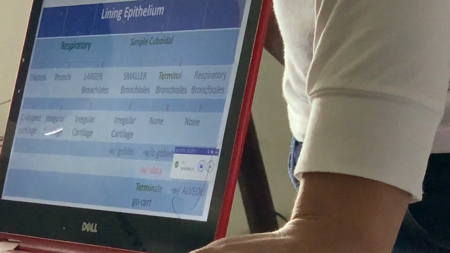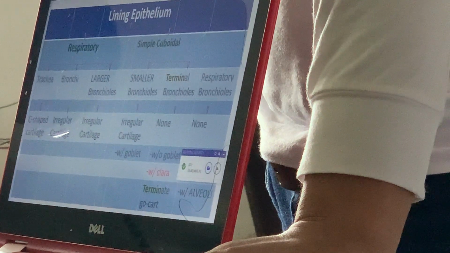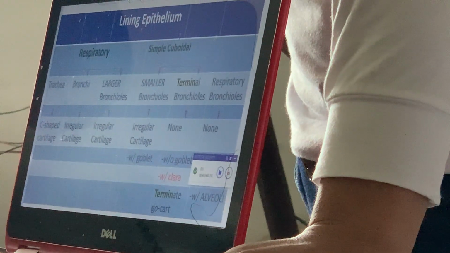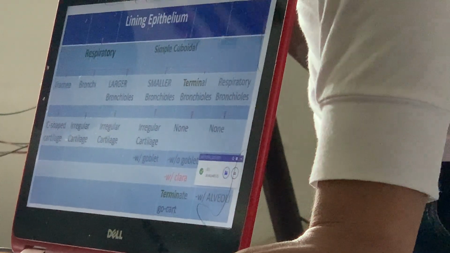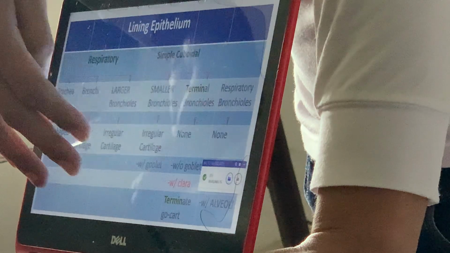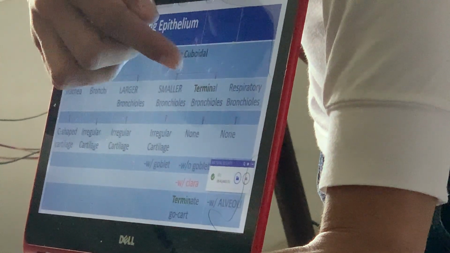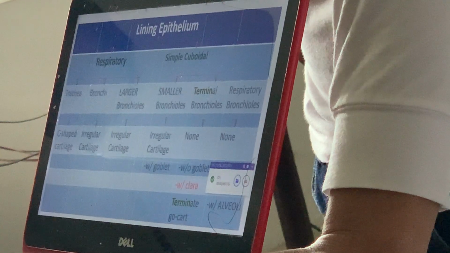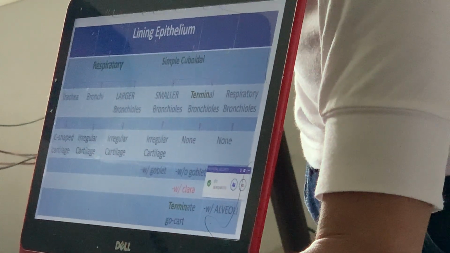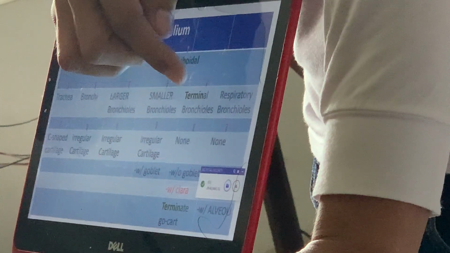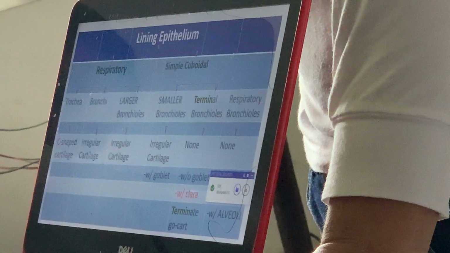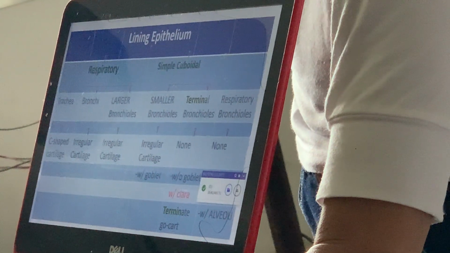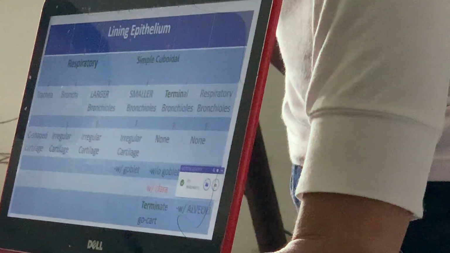If it's purely small, simple squamous, that's the alveoli, the alveolar sac. But to differentiate with the others, from the word respiratory, to respire, to gas exchange, presence of alveoli. Terminal, what is to be terminated? No cartilage, no goblet cells.